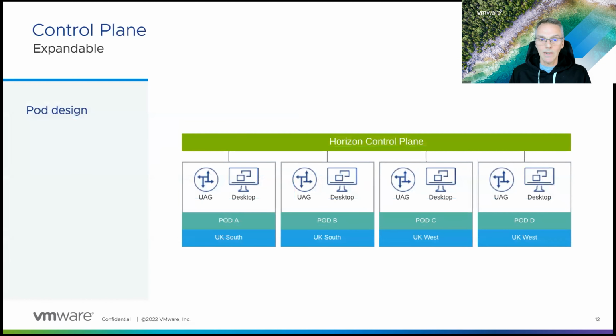So what we then needed to think about is how we're going to take the expandability of this beyond where we're at. So initially, obviously, it was around, as I say, 2,000 users. So this is where we use the control plane to meet the expandability. As we needed additional capacity, we just add another pod to the control plane.